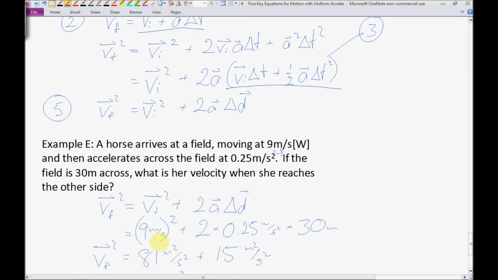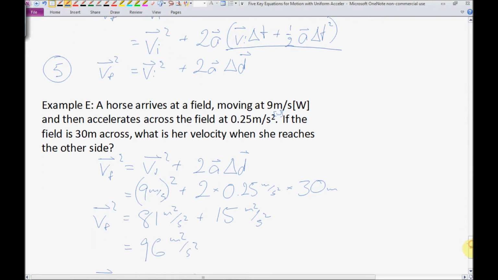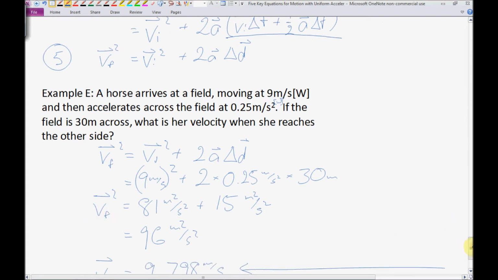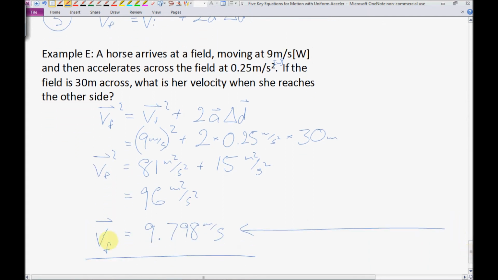We have to square the units as well. 2 times 0.25 meters per second squared times 30 meters gives us 15 meters squared per second squared. So we add those two together, we end up with 96 meters squared per second squared. But we're trying to find final velocity, so we take the square root of both sides. So Vf is equal to the square root of 96, which works out to be 9.798 meters per second.